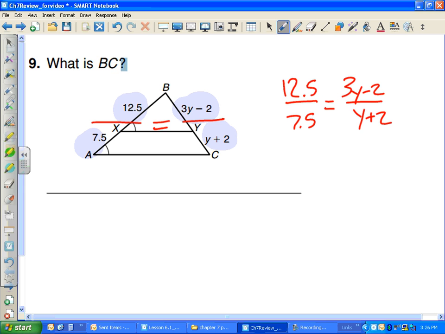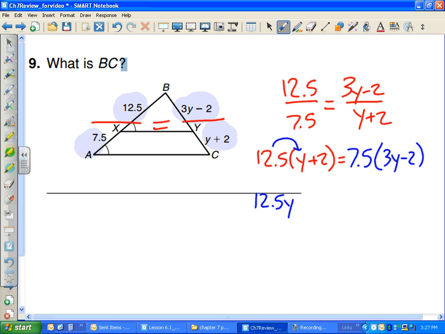Okay, now what we need to do is do a little bit of math here. We're going to have to cross multiply here. 12.5 times this equals the other side now. Okay, I'm going to distribute.